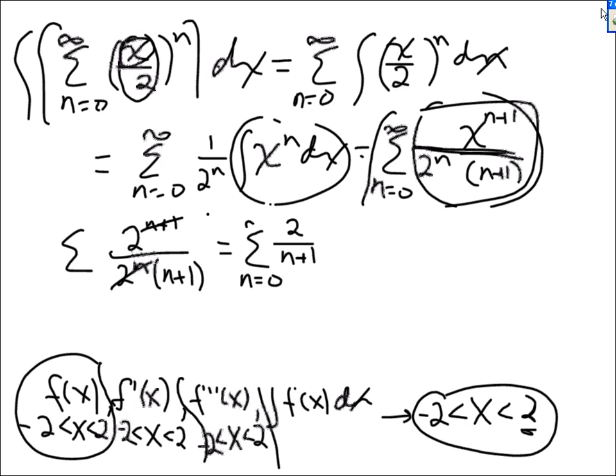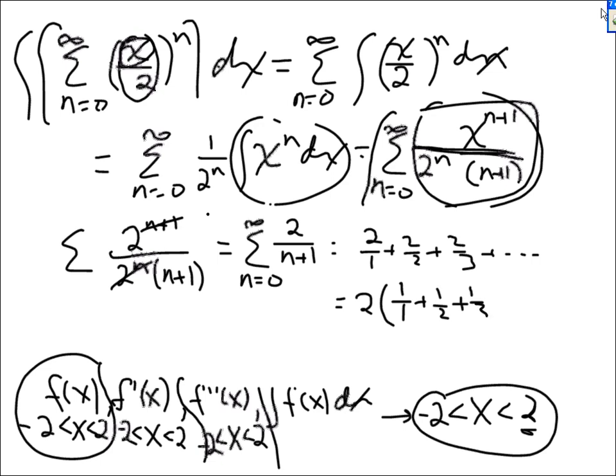It then goes from 0 to infinity. This is the harmonic series where the numerator is 2. That is, you have 2 over 1 plus 2 over 2 plus 2 over 3, etc. I'll factor out the 2. You have 2 times 1 over 1 plus 1 over 2 plus 1 over 3 and so on. This diverges. It's the harmonic series. 2 times it diverges.